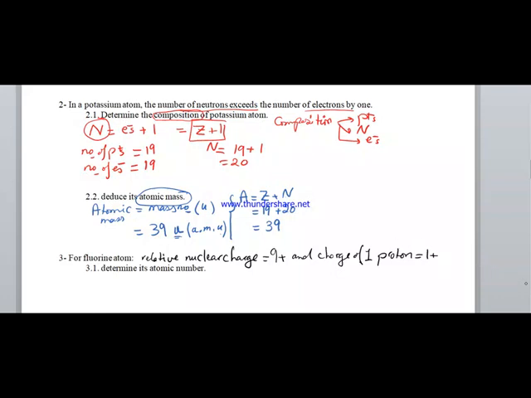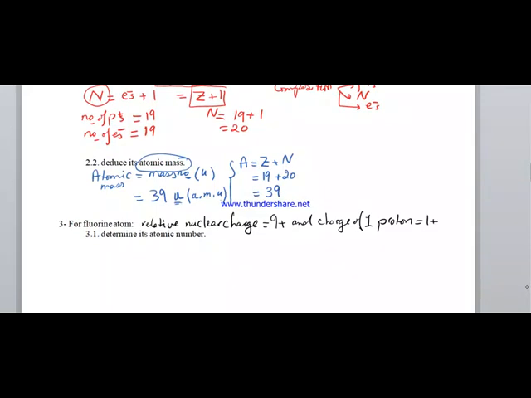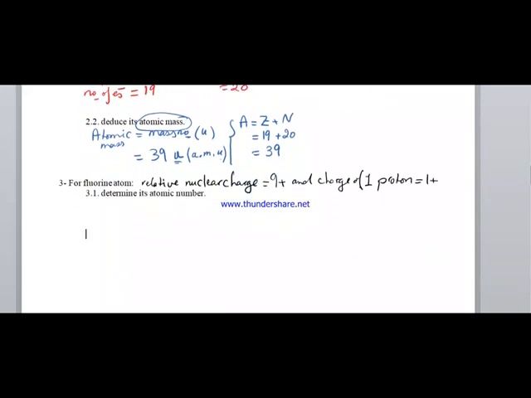For a fluorine atom, we are given that the nuclear charge is equal to 9 plus, and the charge of a proton is 1 plus. Deduce the atomic number. Then we write the relation of the relative nuclear charge, which is equal to the relative charge of protons.